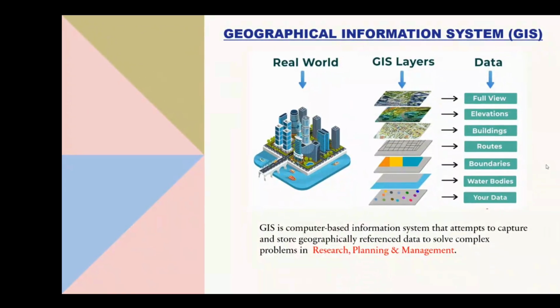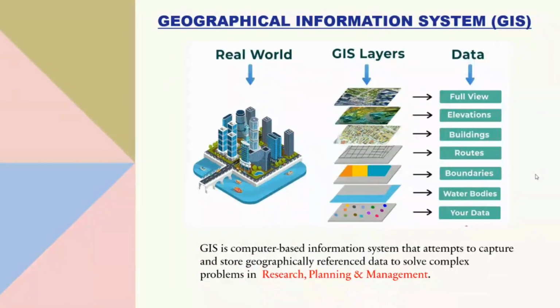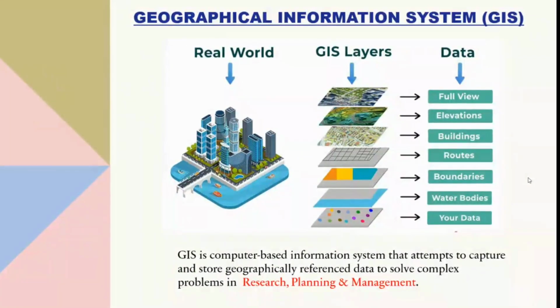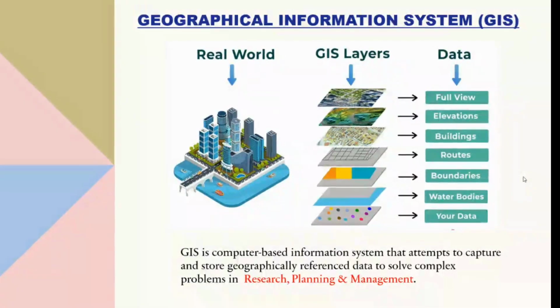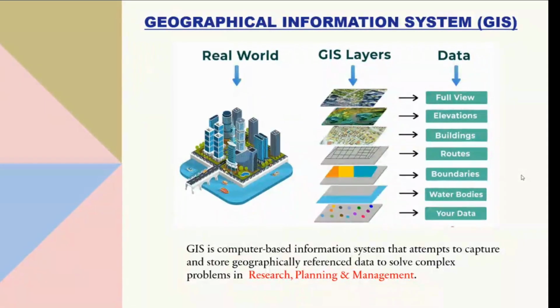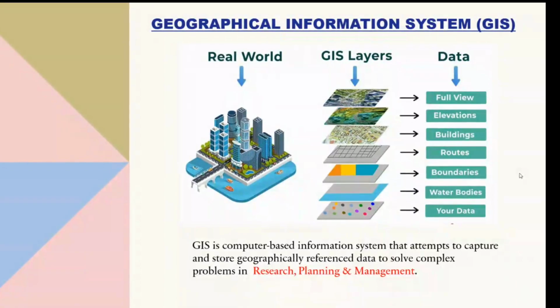Coming to GIS, we can see how data is stored in different layers. We can see that there is the real world in the first picture, and then the data of the real world is stored in different layers. So GIS is capable of acquiring spatially indexed data from a variety of sources.